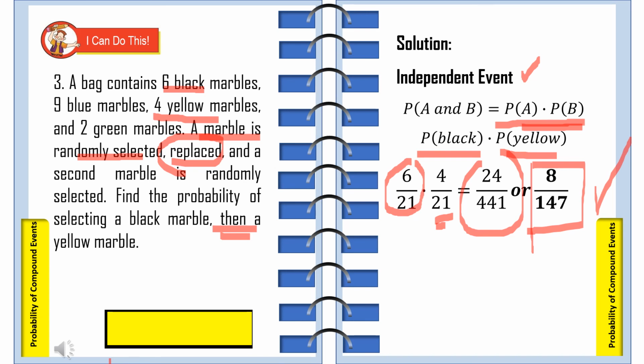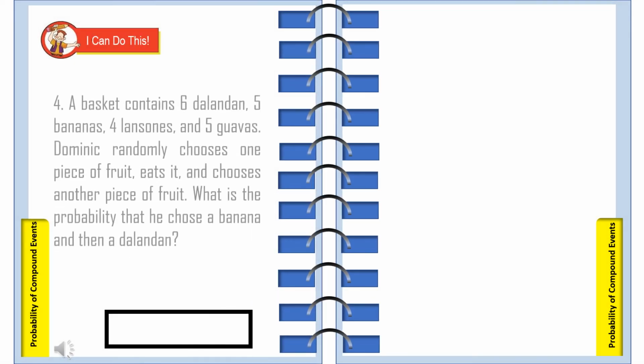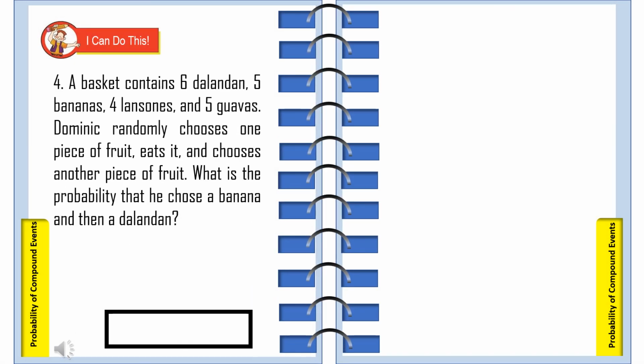So, question number 4. A basket contains 6 dalandan, 5 bananas, 4 lanzones, and 5 guavas. Dominic randomly chooses one piece of fruit, eats it, and chooses another piece of fruit. What's the probability that he chose a banana and then a dalandan?